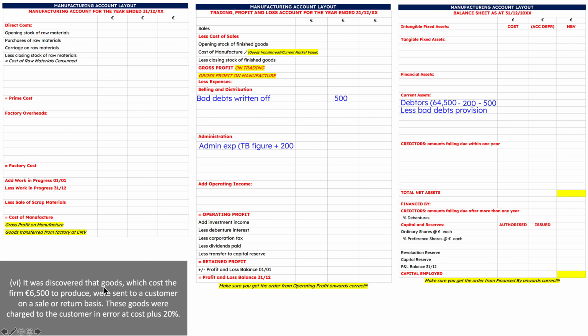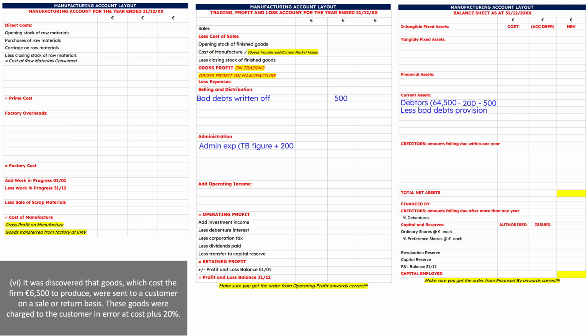So note 6, it was discovered that goods which cost the firm €6,500 to produce were sent to a customer on a sale or return basis. These goods were charged to the customer in error at cost plus 20%. Okay, so again, the bookkeeper entered a credit sale when they really shouldn't have.